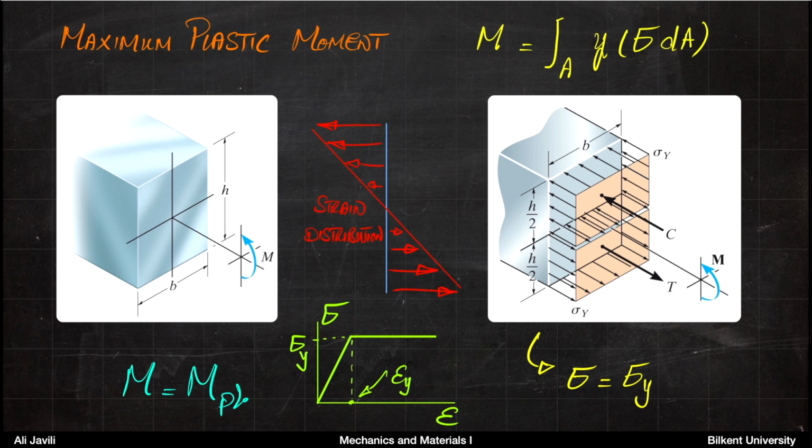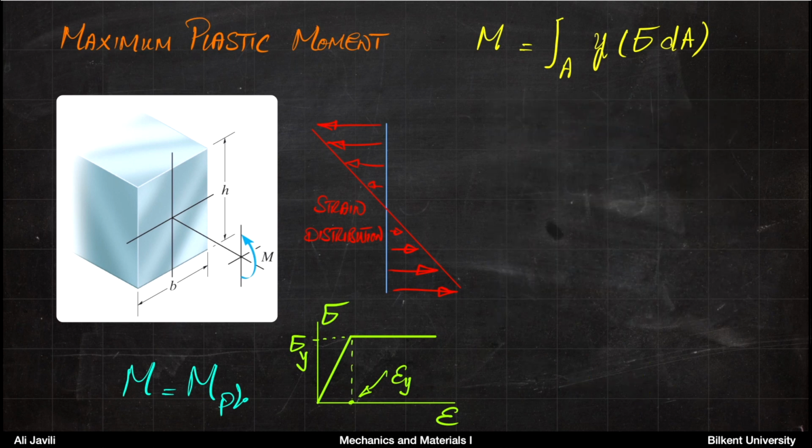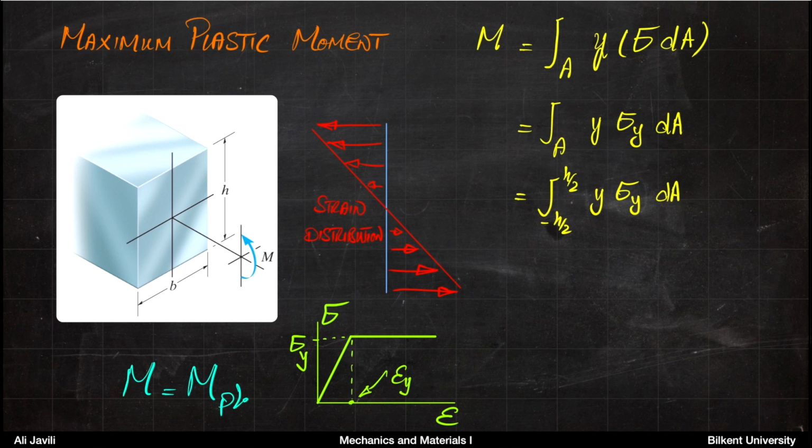Okay, again, the important thing is that here we talk about the yield stress, but you should remember that in the upper part the yield stress is compressive, in the lower part it is tensile. So you insert it as sigma y here, then you would have the integral from minus h over 2 up to h over 2.